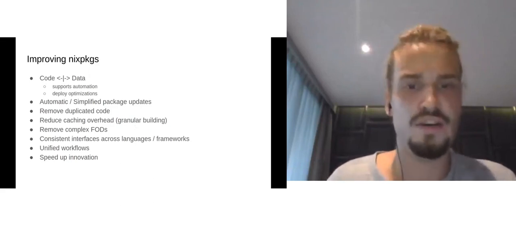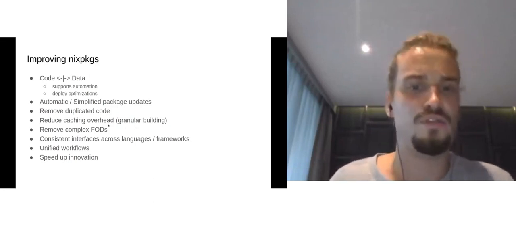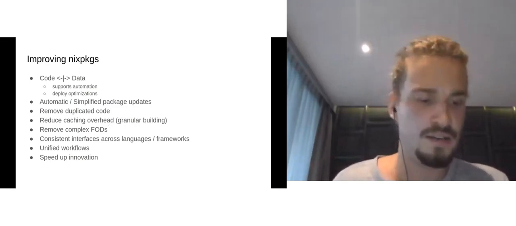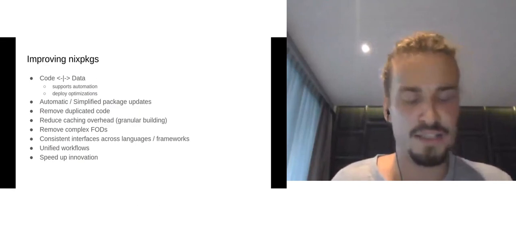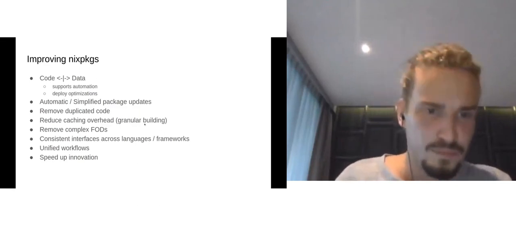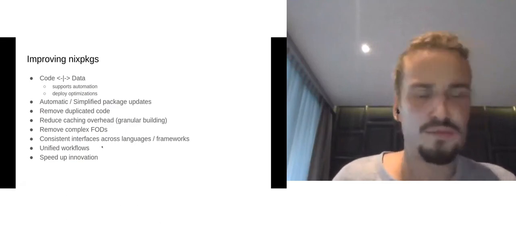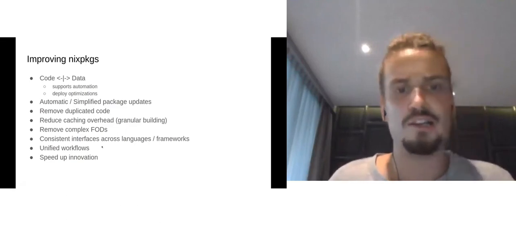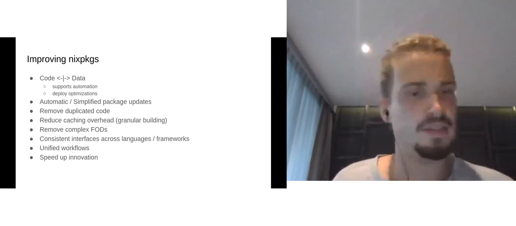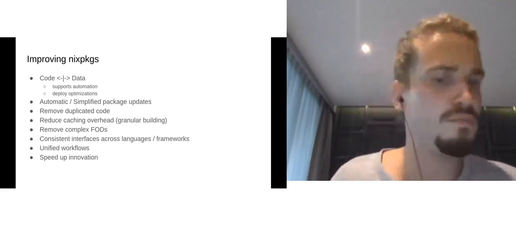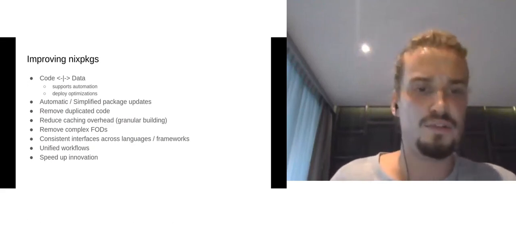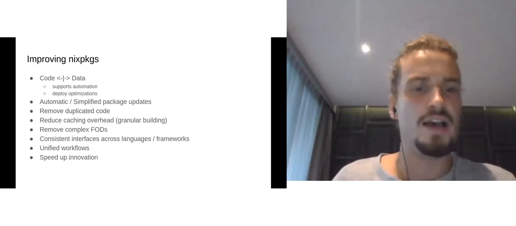We try to have an optimized approach for building stuff where as much as possible is shared between packages, at least from a caching perspective. Another goal is to remove complex fixed output derivations completely. The way fetching works in dream2nix doesn't have these problems. We do not execute complex code inside fixed output derivations, so we don't have the reproducibility issues.